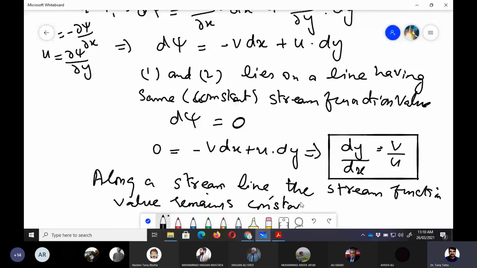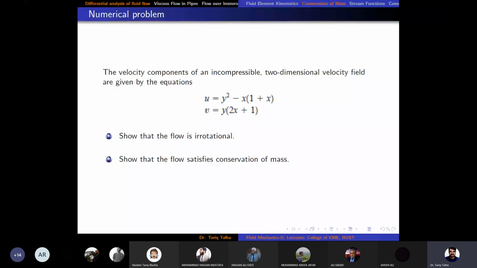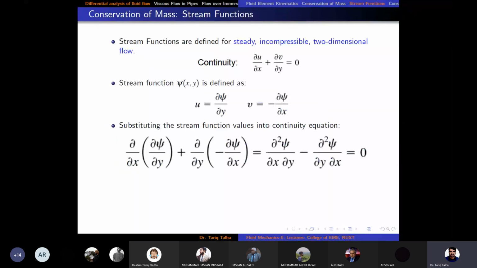So it helps us to draw the streamlines on a flow field if we know the stream function value. Let me do that, and then we would come back to this numerical.